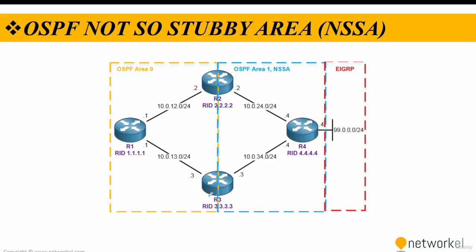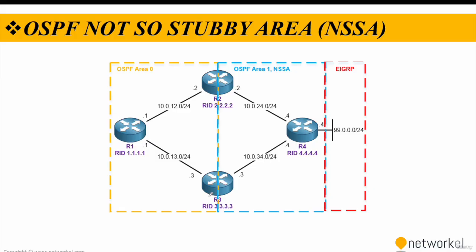So we have something called OSPF not so stubby area as well. That is a type of OSPF area designed to allow a more flexible approach to external route distribution compared to a stub area, while still maintaining many of the benefits of a stub area. NSSA is particularly useful when you need to introduce external routes into an area, but want to keep the area simpler and reduce the amount of routing information it handles.